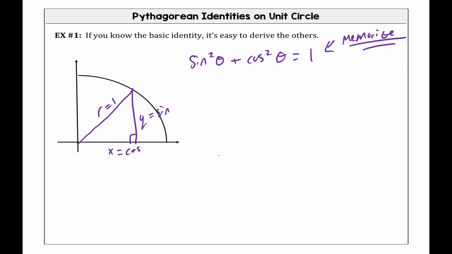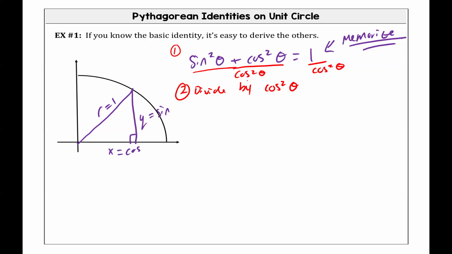Okay, essentially all they did was two things. To get the second one with tangent, so this is the first Pythagorean identity, this is the second one, all they did was divide everything by cosine squared theta. So literally they divided sine squared theta by cosine squared theta, cosine squared theta by cosine squared theta, and 1 by cosine squared theta.